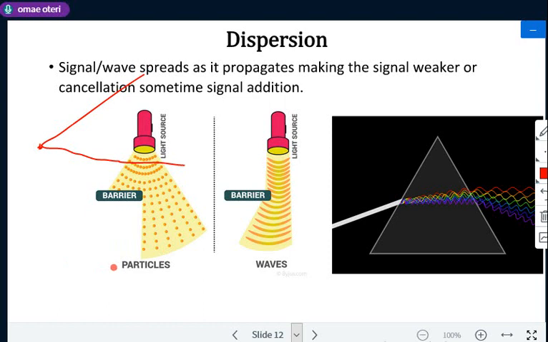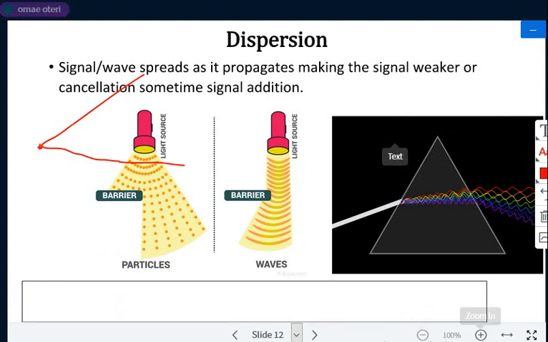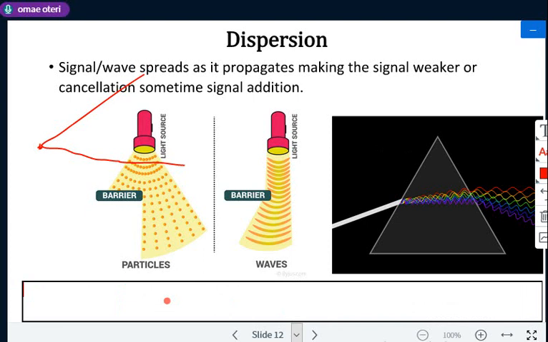You are going to have weaker signals, that's correct? So the signals usually get weaker. Maybe I can be able to indicate this. So positive, a wider coverage.